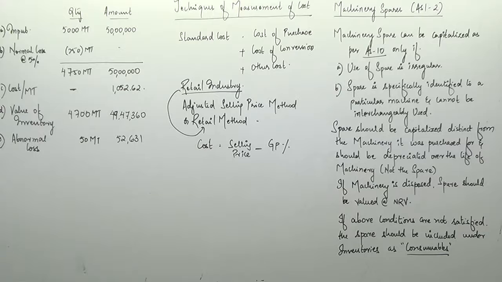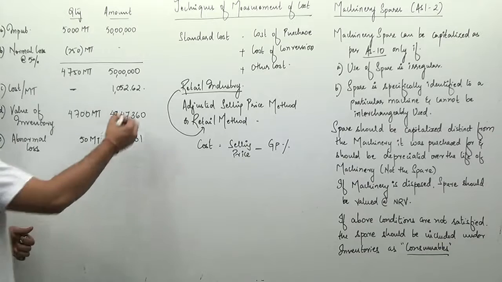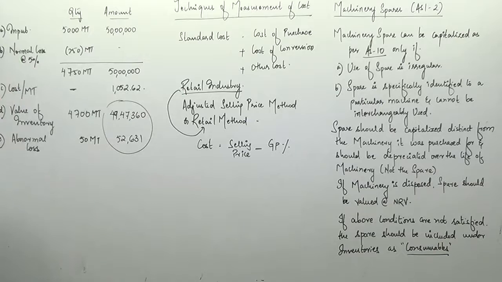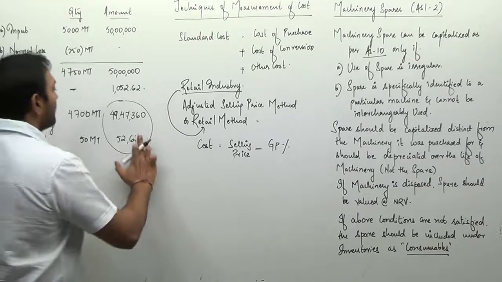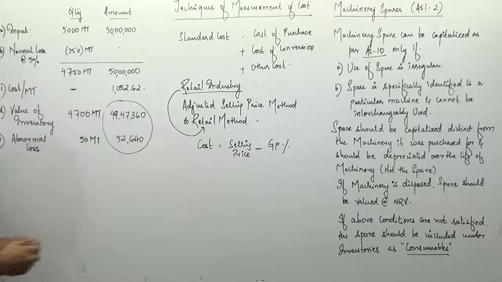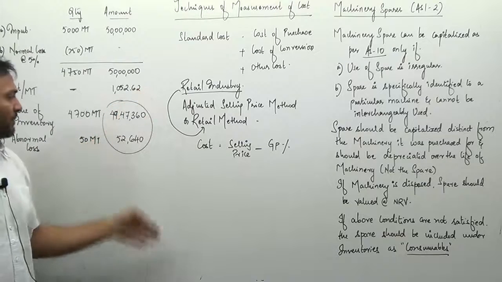Actually, it should be 640, I guess, because you have to round it off to 50 lakhs. The total value of inventory and the abnormal loss should be 50 lakhs. You can round it off to 640. There's some difference because of the points that we have taken.